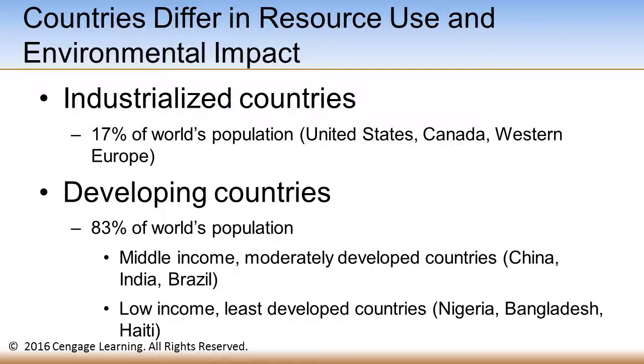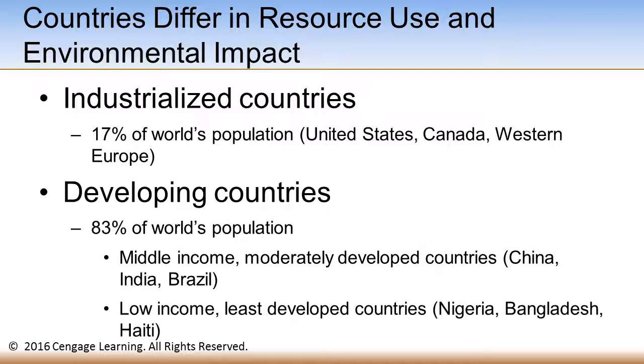This slide is going into detail about how countries differ in resource use and their subsequent environmental impact. We're going to break it into two categories: industrialized countries, or more developed countries, and the second category being developing countries. If you look at the percentages, 83% of our world's population is in developing countries.